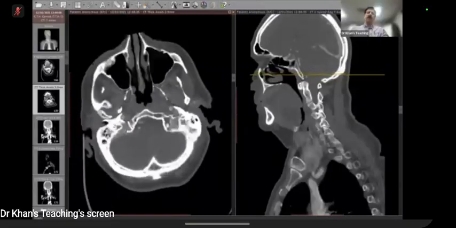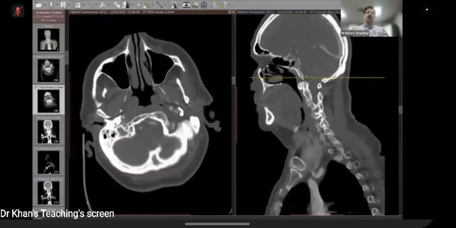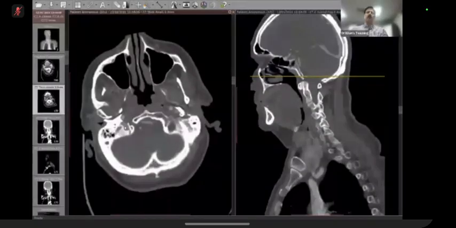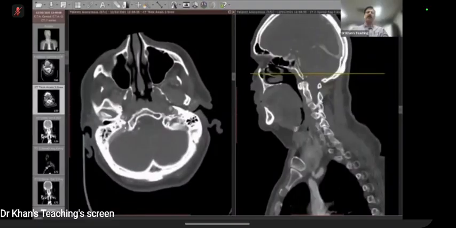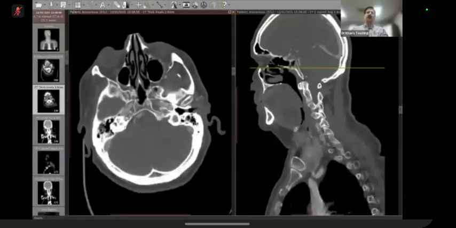One point to remember here is that when we cover the temporal bone or the middle ear cavity, just remember that the jugular foramen is inferior to the level of the middle ear cavity. So it indirectly forms the floor. But there are normal variants in which it will be at a slightly higher level.